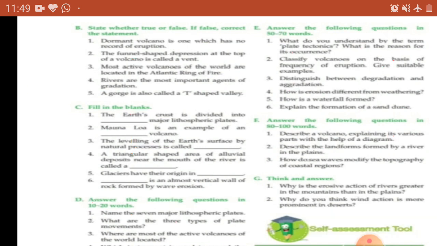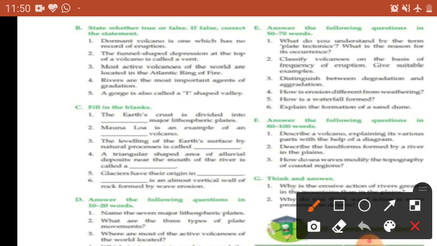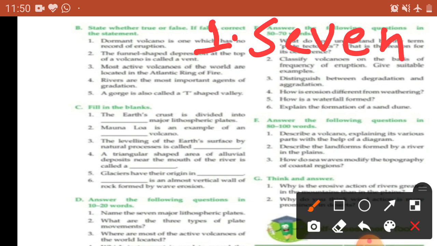Now let's move to fill in the blanks. In the first question we have: the earth's crust is divided into dash major lithospheric plates. The answer will be 7. Second, Mauna Loa is an example of an dash volcano, and it will be active.